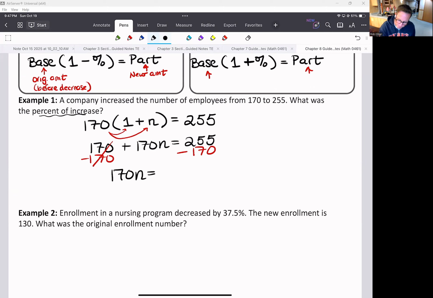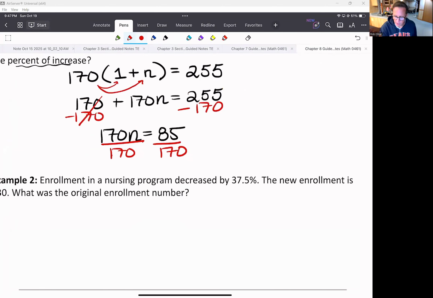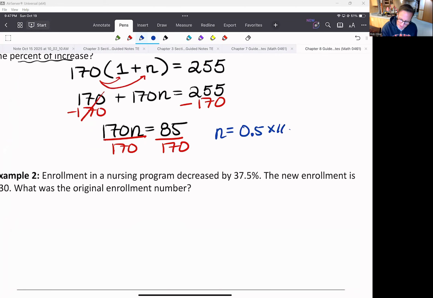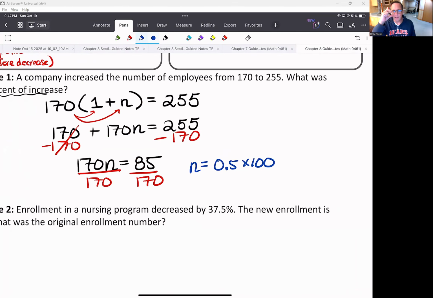Yep. And then divide by 170. And I know 85 is half of 170, so it's going to be 0.5. You can use a calculator on that, but I get n equals 0.5, and then don't forget to multiply that by 100 because we're looking for a percent. Whenever you look for the percent, don't forget that you have to convert it back into a percent by multiplying by 100. And so that comes out to 50% increase.